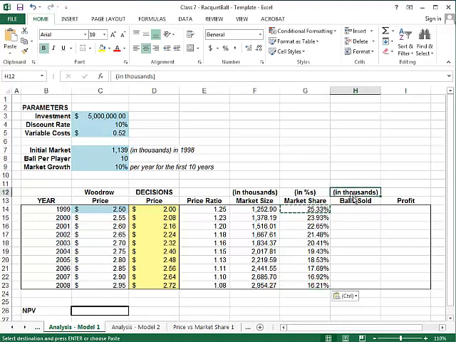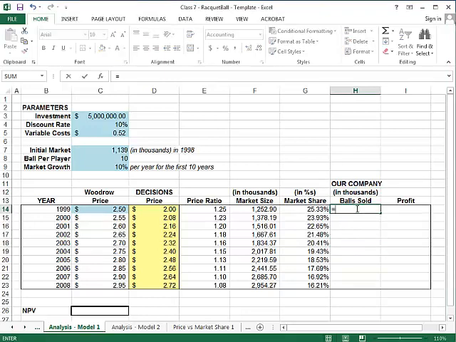Now the next thing we need to figure out is how many balls our company is going to sell, and we should just say our company here to make it more obvious. So here's the market size, here's how much share I'm getting, that's how many people will be buying the balls I make, and then I'm going to multiply it with this number, which tells me how many balls each player buys.